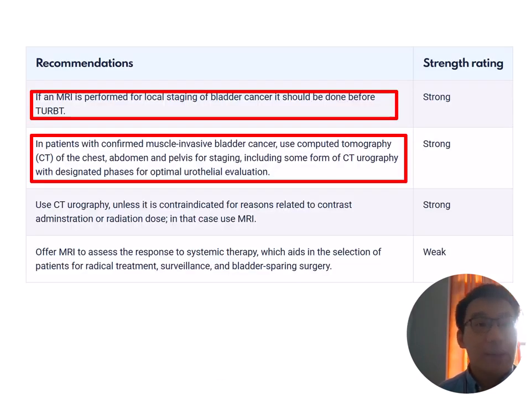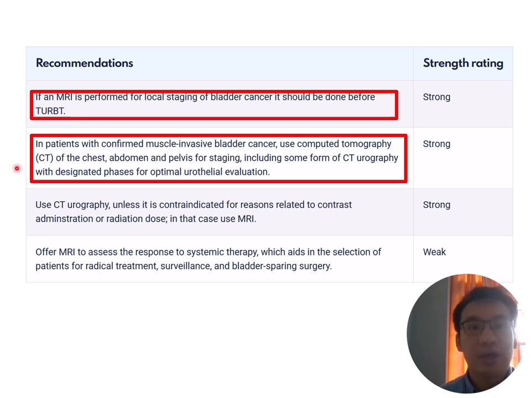If you are going to perform an MRI to locally stage the patient, the EAU suggests performing it before the TURBT, because after TURBT, the inflammation and tissue reaction might alter the information on the local stage of the bladder cancer.